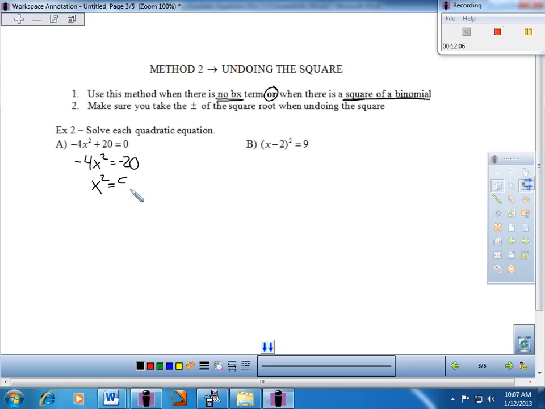So I'm just going to undo all the operations, working from the outside in. Minus 20, divide by negative 4. And now, guys, the last thing to undo, of course, is the square. And I undo the square at this stage. Root 5 is an irrational number, so you're going to leave it. But please do not forget to include the plus or minus. And there you go. So root 5 works, and the negative of root 5 works.